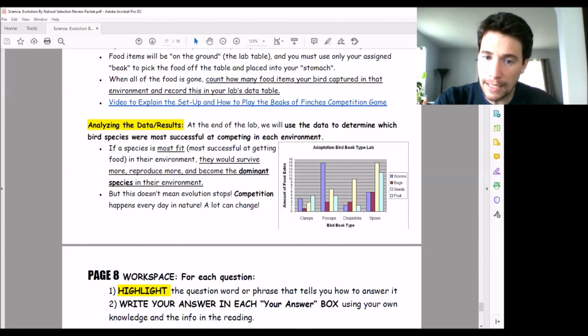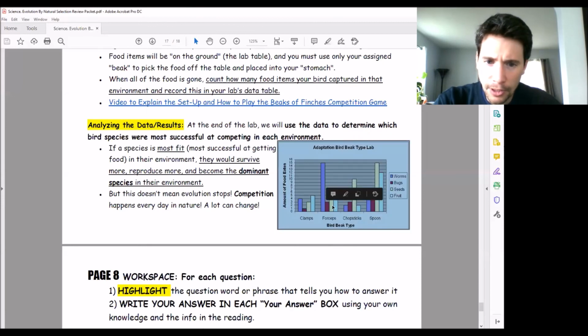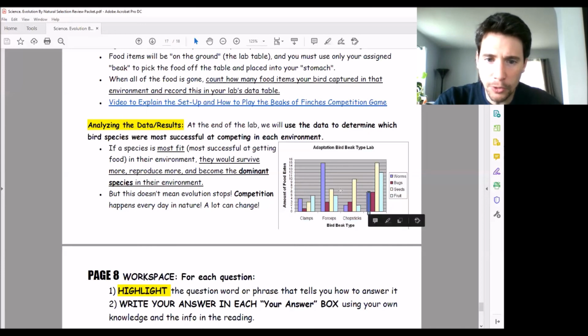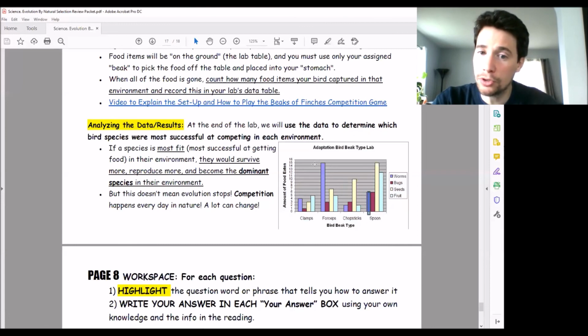The clamps only ate how many worms? Only 4 worms. The chopsticks only ate looks like 2 worms. The spoon type of beak only ate 6 worms. So nothing even comes close to the forceps that ate 15 worms.